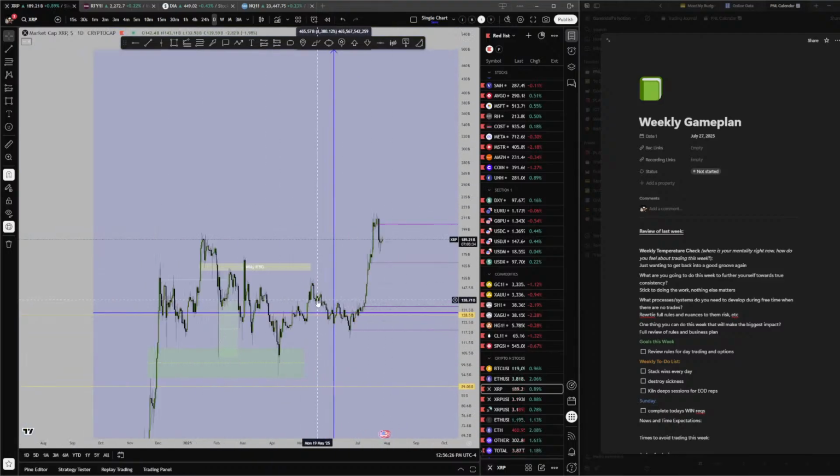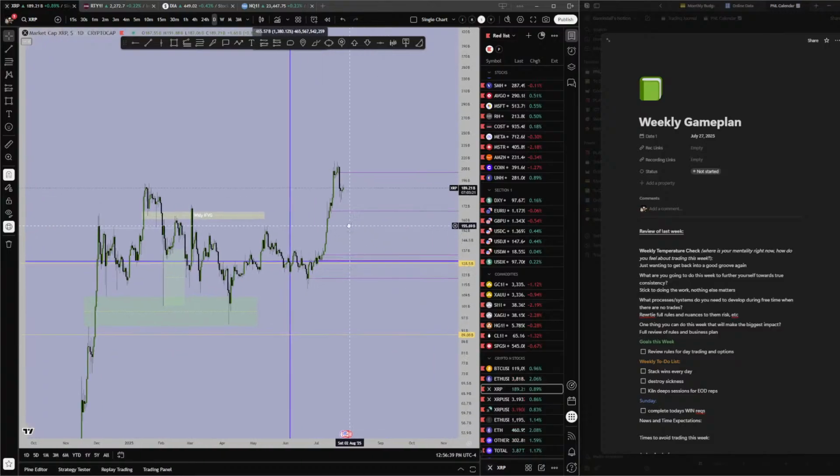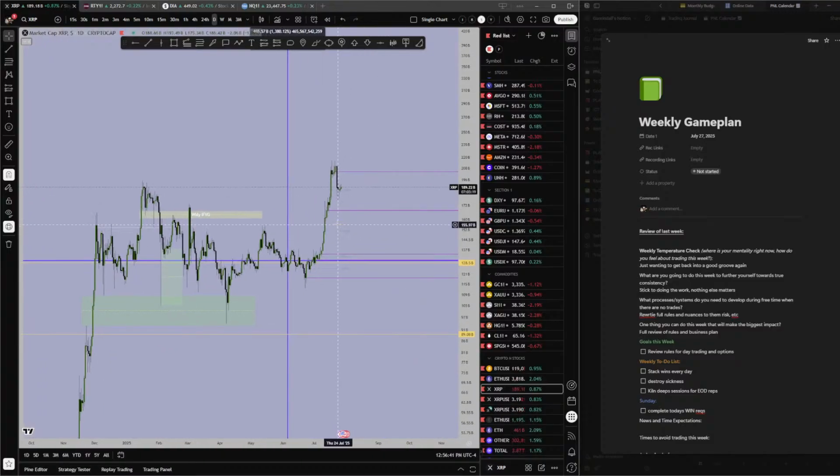XRP came up and took out all these smooth highs. It's going to pull back and reaccumulate on that high, so that makes sense.